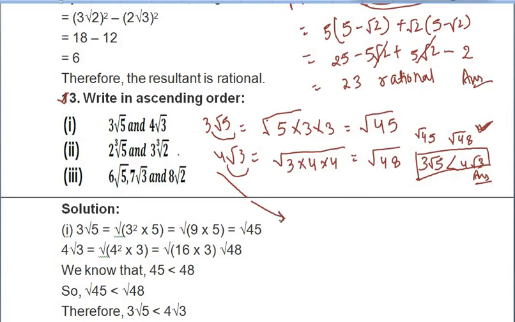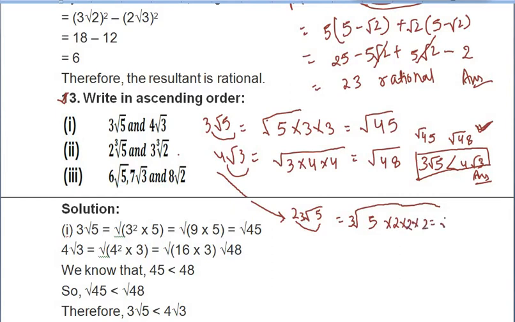Here I am solving question number 2. It is written 2 cube root 5. This I can write as under root, cube root 5, and when this 2 will go inside, as this is a cube root, this 2 will be written 3 times.